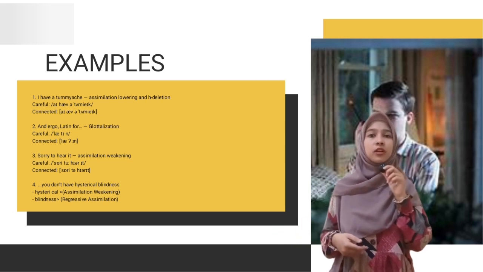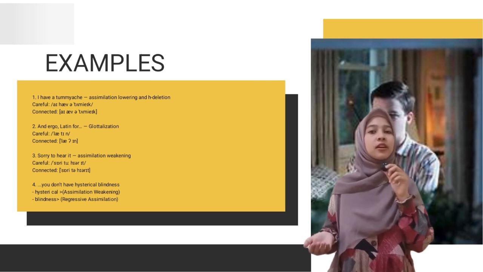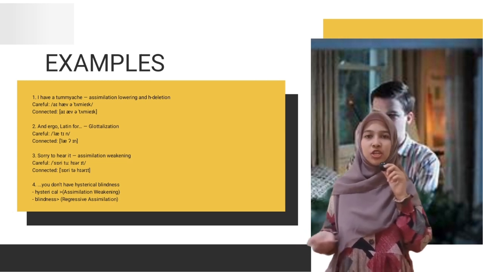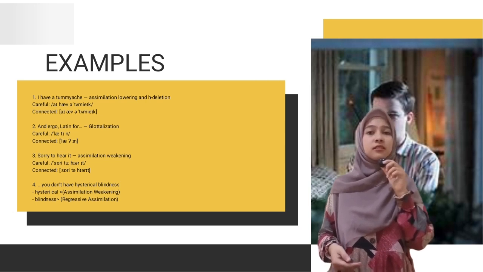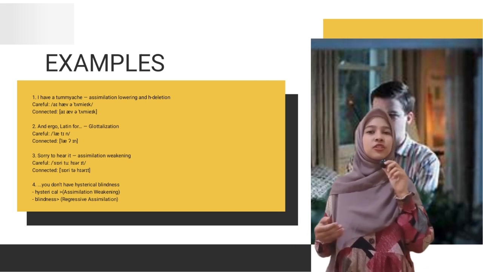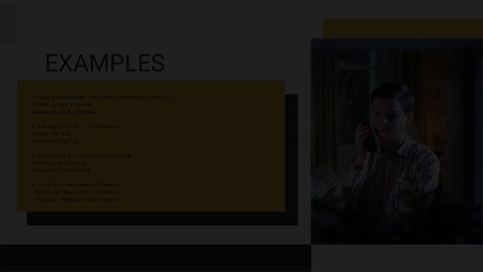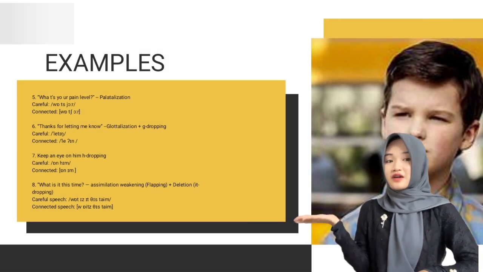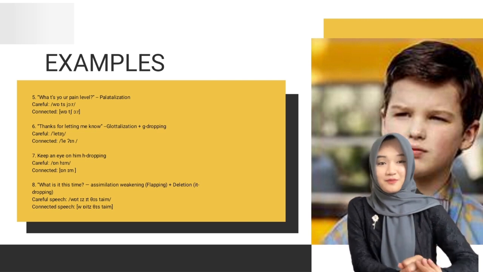And then the word "blindness" becomes "blin'ness", here is regressive assimilation. The reason is because the n sound here changes the vowel before it to balance the tongue positions.